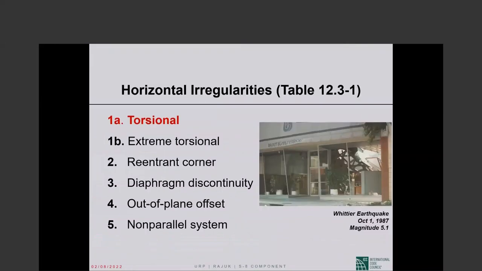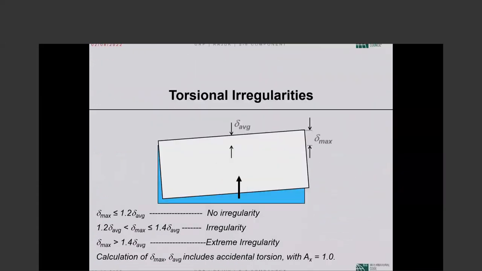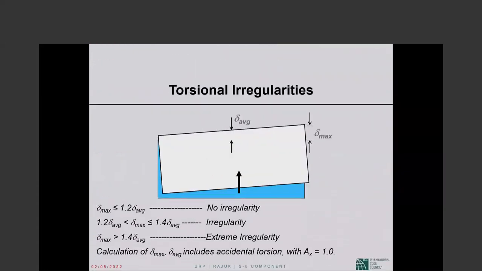We will start with the very first type, 1A, torsional irregularity, and look at the definition and also what ACI 7 requires us to do when we have torsional irregularity. So, the definition. This is the undeformed structure.